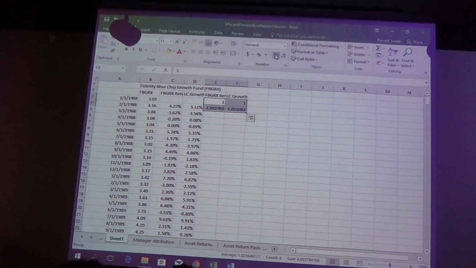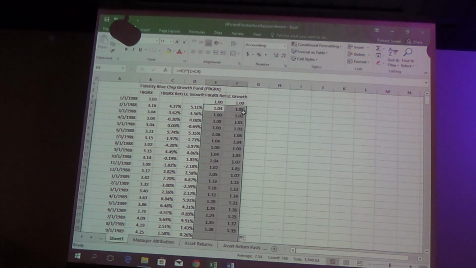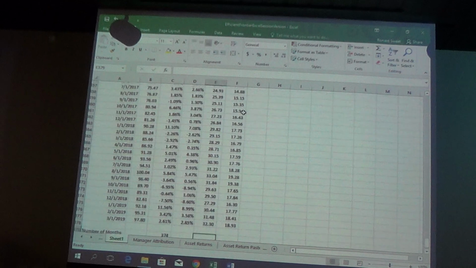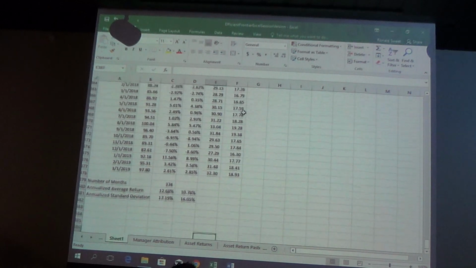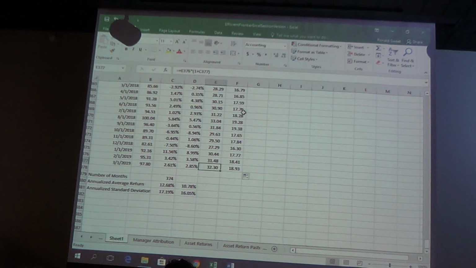You're essentially just going to link these returns over time, all the way down. And when you do that, you can see, boy, it's a huge difference. If you had $1 invested in the Fidelity Fund, you'd have $32 today. If you put it into an index fund, you'd only have $18 or $19 today. So you can see how much better that fund has done than the index.